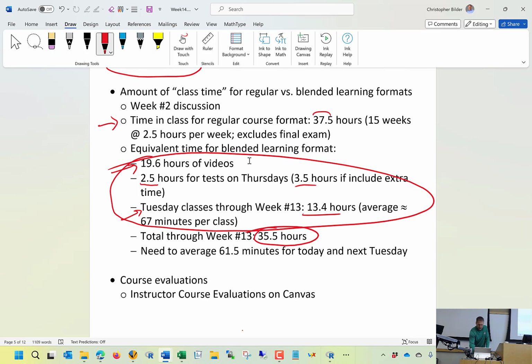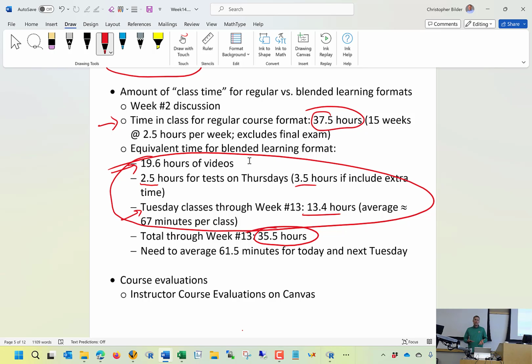Compare that to 37.5 hours. So that basically means that we need to average about 60 minutes for today and next Tuesday to be essentially at the same level as what you would get in a standard format for this kind of course.